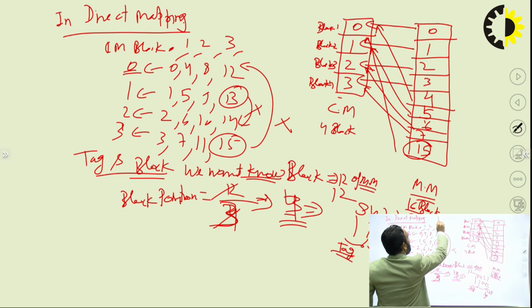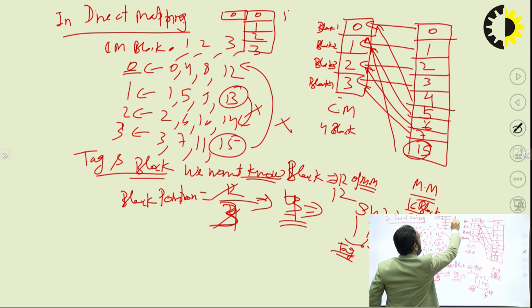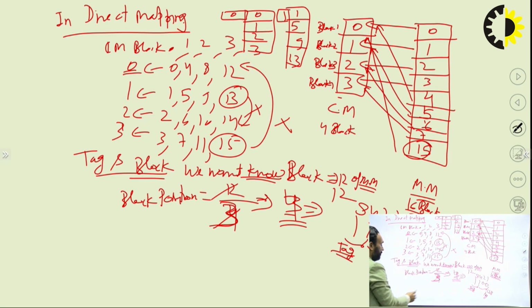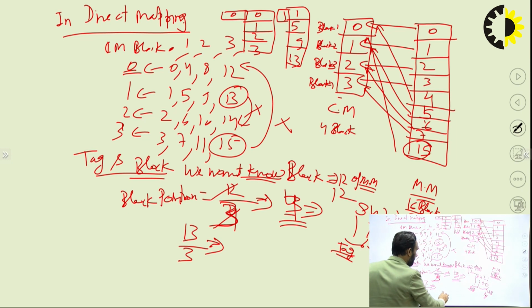So 0 tag contains 0, 1, 2, 3. Likewise, 1 tag contains 1, 5, 9, 13. If we want to know the position of 13, 13 divided by 3, so we will write it here 3, 1, and 4.